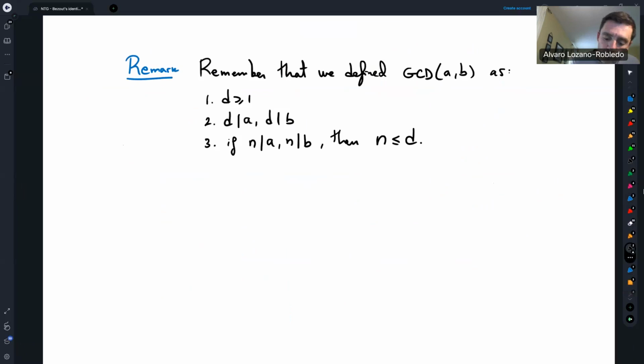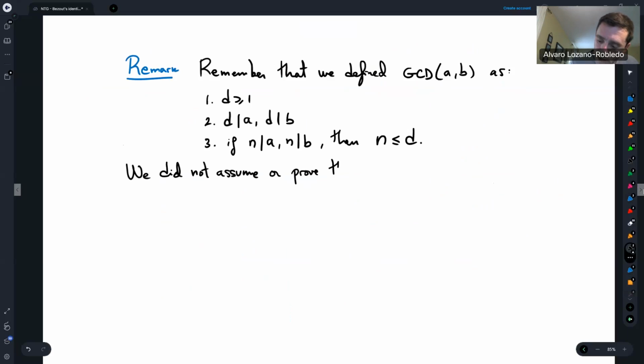But we did not assume in the definition or prove that in fact any common divisor of A and B divides the GCD.